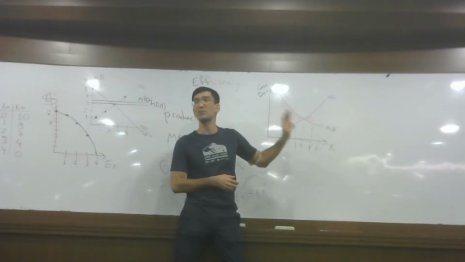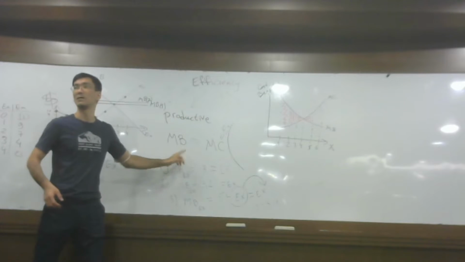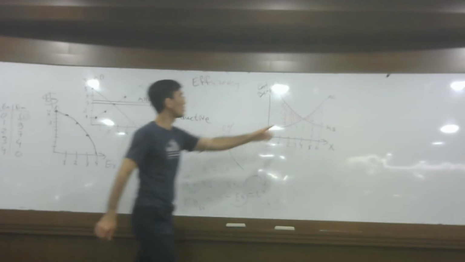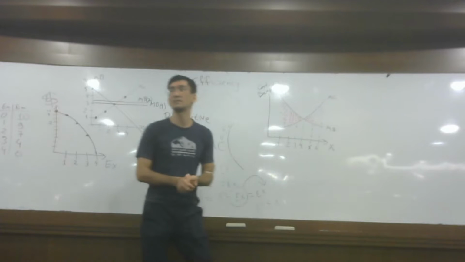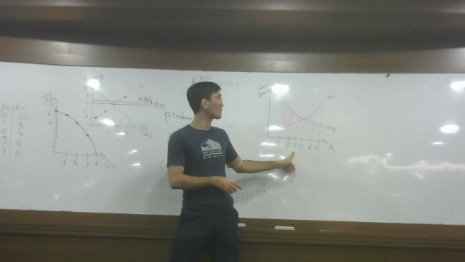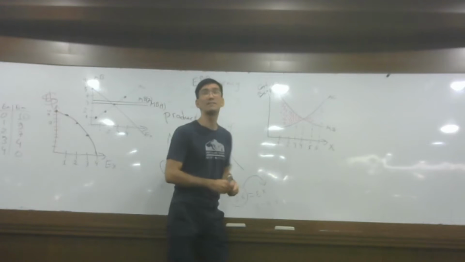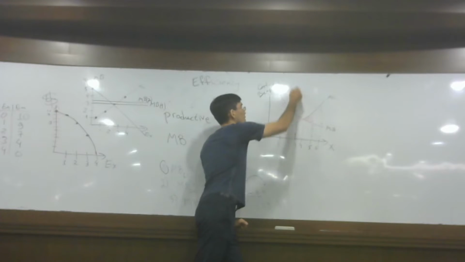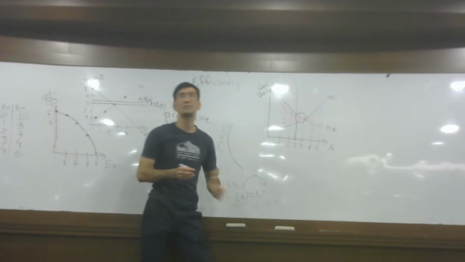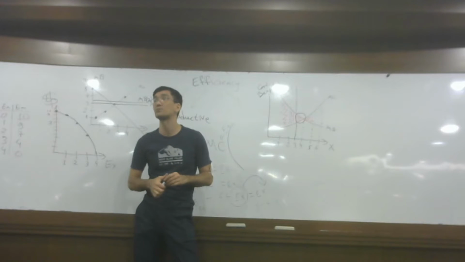So here's another illustration of that idea. We push to the point where it's equal, that would be the best. Because if I stay at 3, instead of being at 4, I could have captured these gains because the benefit is greater than the cost.